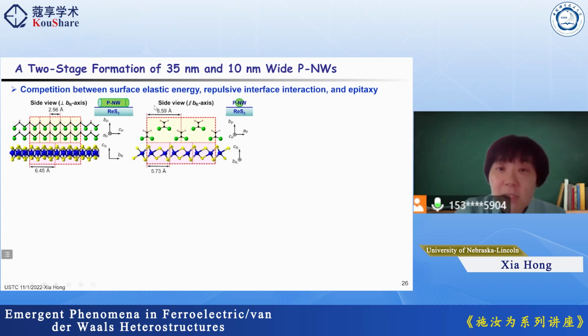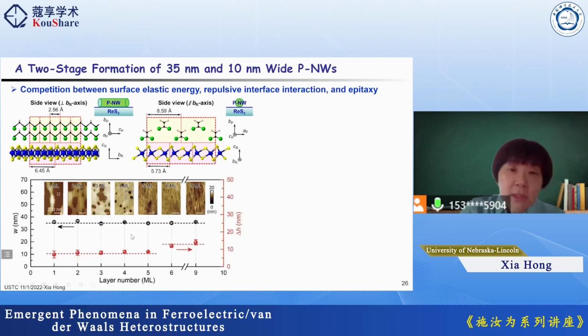But in the perpendicular direction, we have less bonding between these two materials. That means I don't have enough energy gain by spreading the material, so it wants to curl up, forming a nanowire.